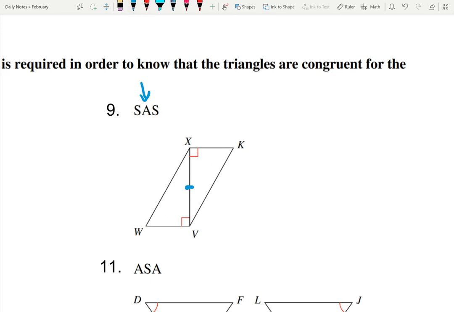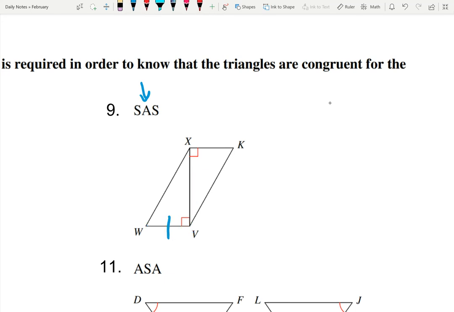So the other side that we would have, since we already have this side, let's talk about it for this left side triangle. The side that we would need to have is the bottom part here. Because if we had that side too, then the angle would be right between them. It can't be the other side. It can't be this one, because then that angle is not in between the two sides. So it would have to be this bottom side that we would need.